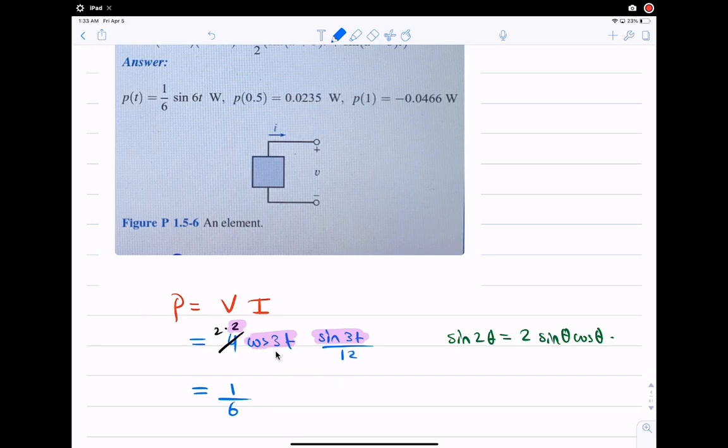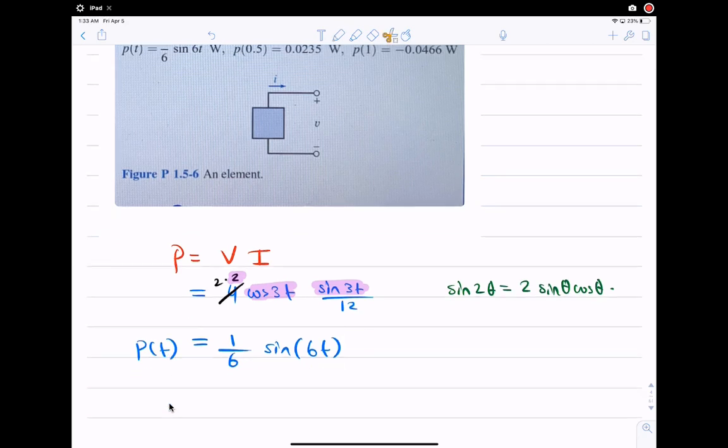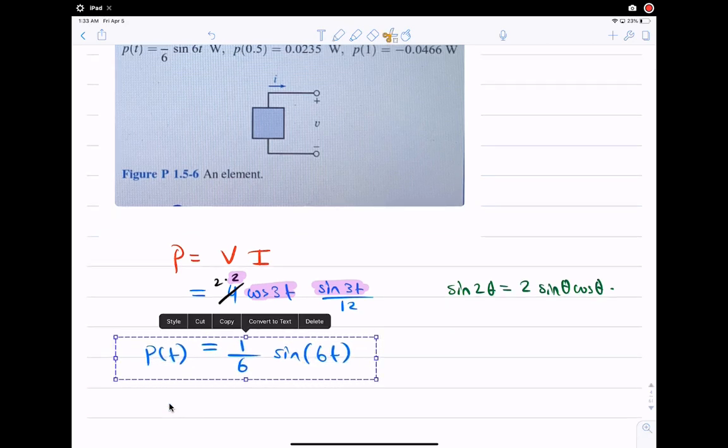Now the 2 cosine sine part, I'm gonna switch it to sine of the double angle. So sine, instead of 3, double the 3, then it's 6t. So this is the formula for P of t. When I write it as P of t, that means it's variable. Okay, this is the formula.